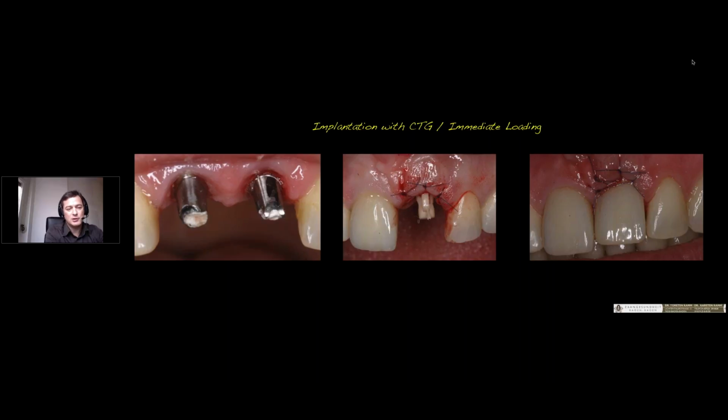If you do the same procedure with a zirconia abutment, you do not have the same results, because the soft tissue stays stable with the abutment. So this is for me the big advantage in the anterior region of using zirconia abutments, not whole zirconia. I call it hybrid abutments because we have the internal part of titanium, and then we put zirconia on the titanium. I'll show you it after the slides.